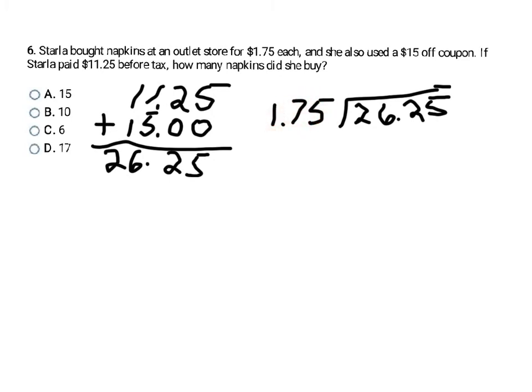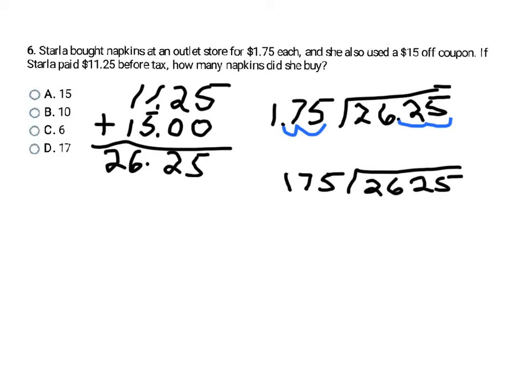And you just do that by moving the decimal here twice, so I have to move the decimal here twice, and I'm going to have a new division problem of 2,625 divided by 175. Remember, it's okay to have decimals underneath the dividing sign, but you don't want to have decimals by your divisor. And you just move them by the same amount. And here it worked out that both decimals went to the end.